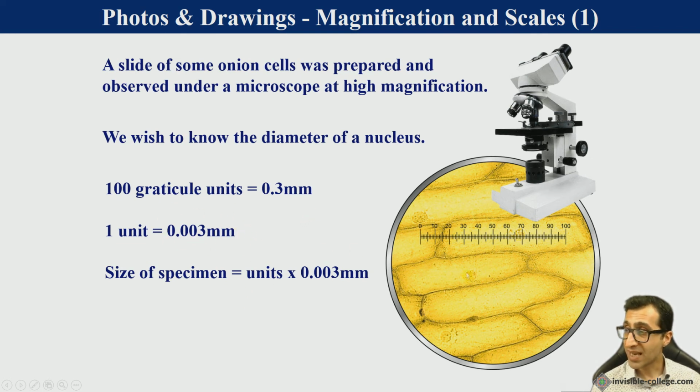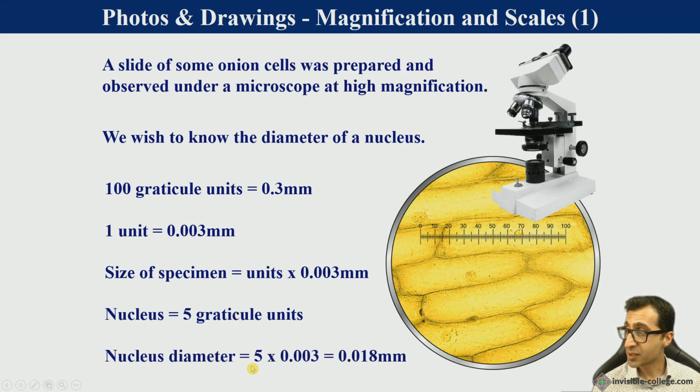So if we're looking at this nucleus, we can see that the nucleus measures 5 graticule units along here, and therefore we simply multiply 5 units by 0.003, and this tells us that this nucleus has a size in actuality of 0.018 millimeters.